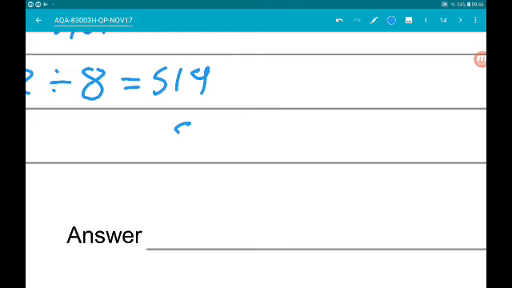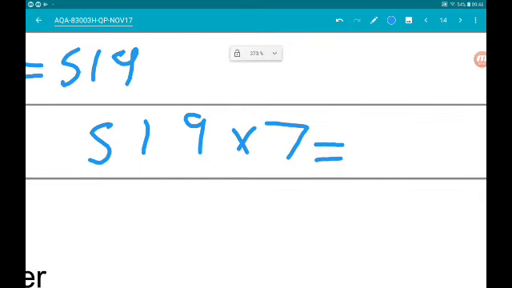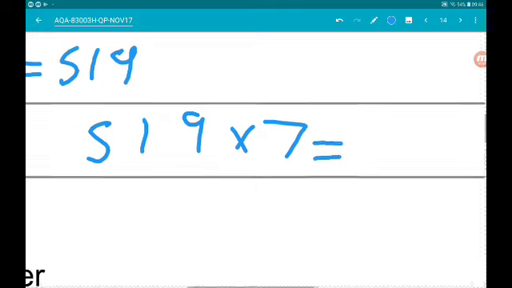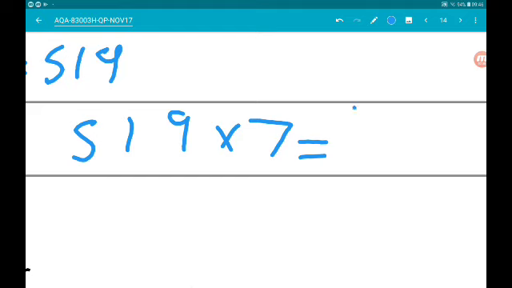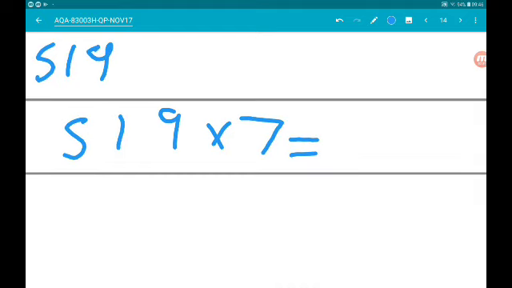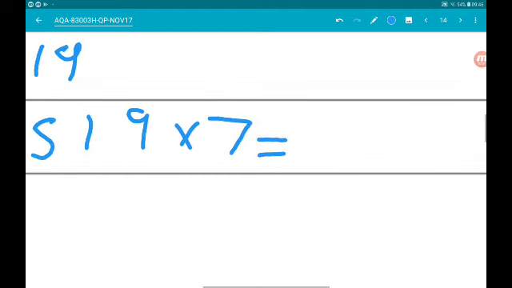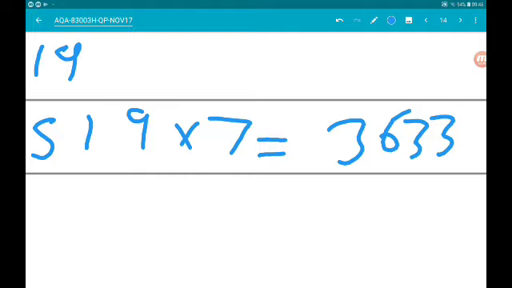So 519 times 7 is going to be 3,570 and 63, 3,633 children. Cool.